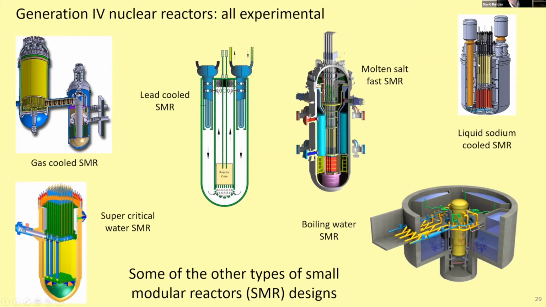There's that liquid sodium cooled reactor. This is a boiling water reactor where the reactor itself boils the water, which goes off and runs the steam turbines. And on the left is one which is a very high pressure water cooled reactor.